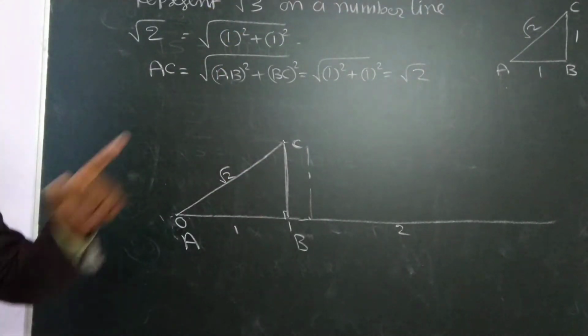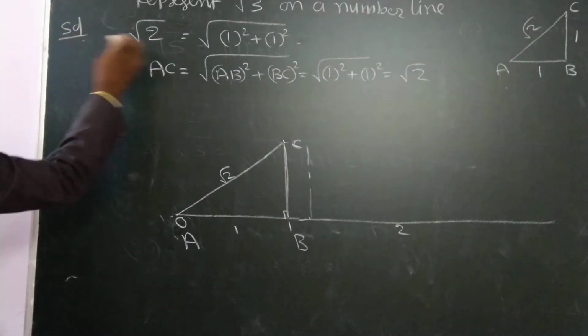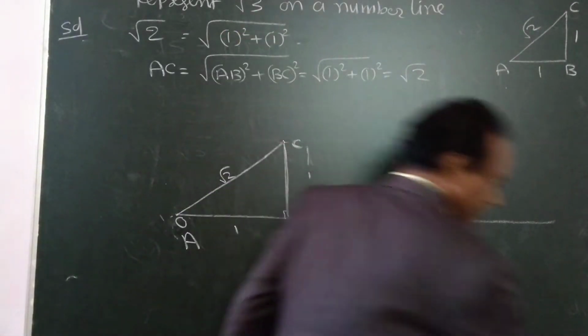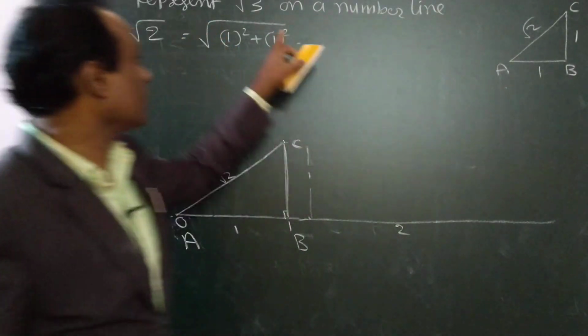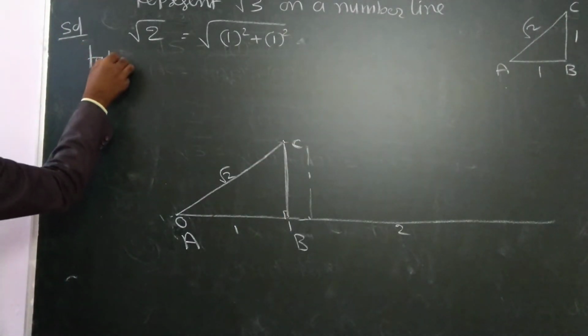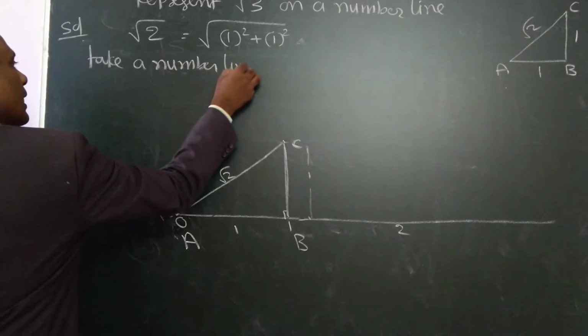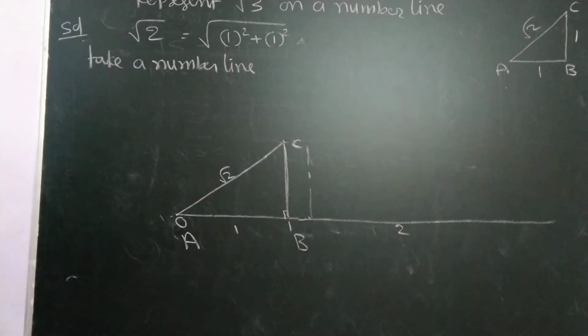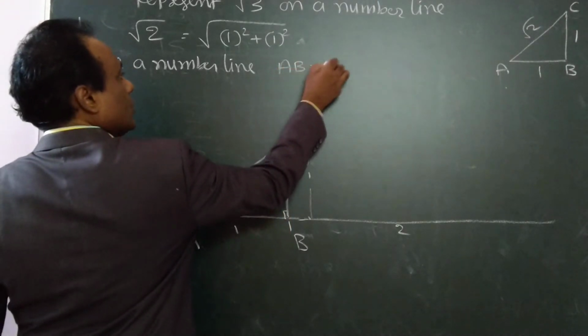I will continue. So first write down the solution. Start. First write down root 2 is equal to root of 1 square plus 1 square. Root 2 is equal to root of 1 square plus 1 square, you write. Take a number line, write down. Take a number line. AB is equal to 1.